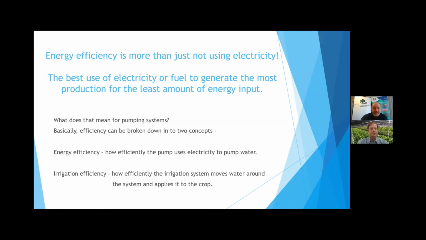There's energy efficiency, which refers to how efficiently the pump uses electricity to pump water. And then there's irrigation efficiency, which refers to how efficiently the irrigation system moves water around the system and applies it to the crop. Both will influence the cost of pumping and energy use.